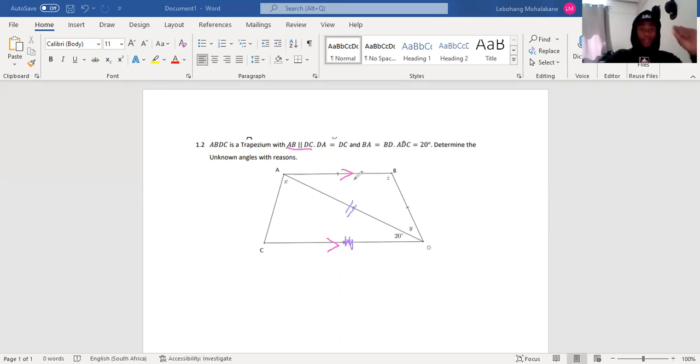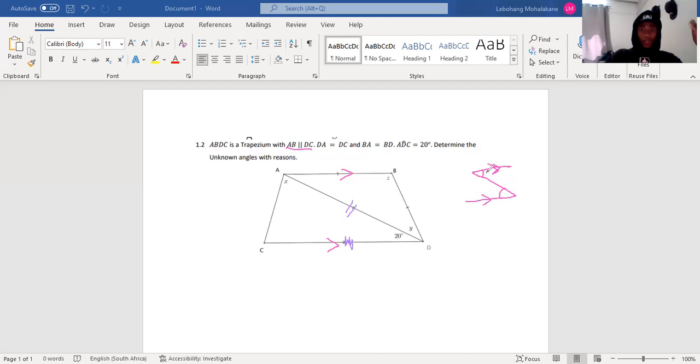The minute they say that I have parallel lines, AB and CD, here is the transversal. AD is a transversal. If you can see, we have this sort of diagram, with an angle here and another one here, only if we have parallel lines. So this is the transversal.